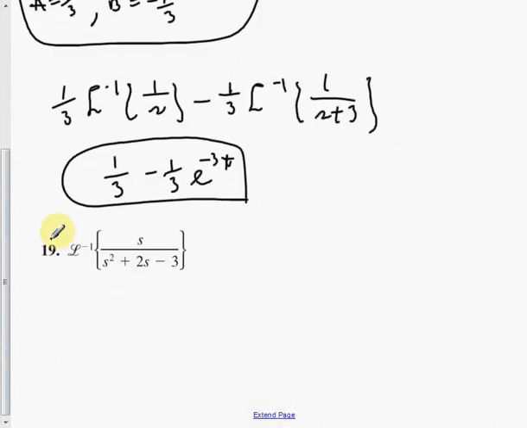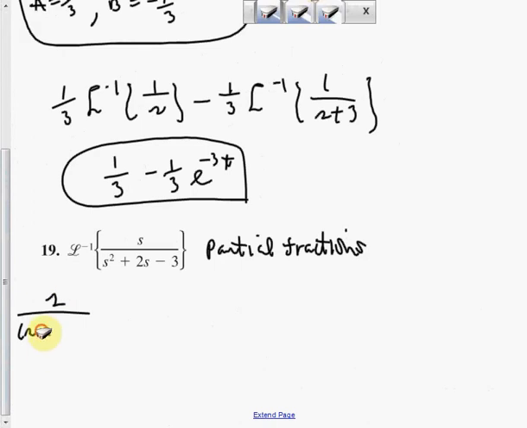So we have to use partial fractions for this one as well. So this is S over, if we factor this, S minus 1 times S plus 3.